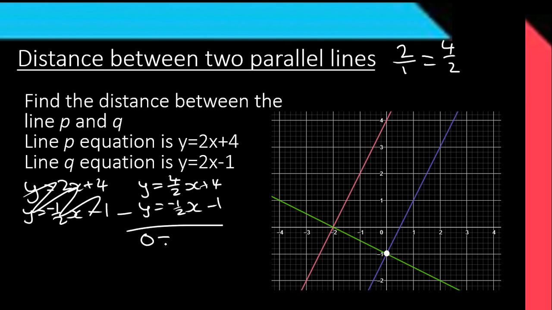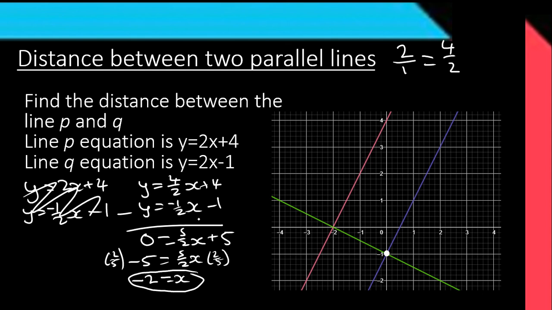So I'm going to have 0 equals 4 over 2 minus negative a half becomes 5 over 2x. And then 4 minus negative 1 again becomes a plus. That's going to become 5. So that means negative 5 equals 5 over 2x. If I multiply both sides by 2 over 5, we're going to have here that 2 times 5 is 10, divided by 5, it's going to be negative 2 equals x.